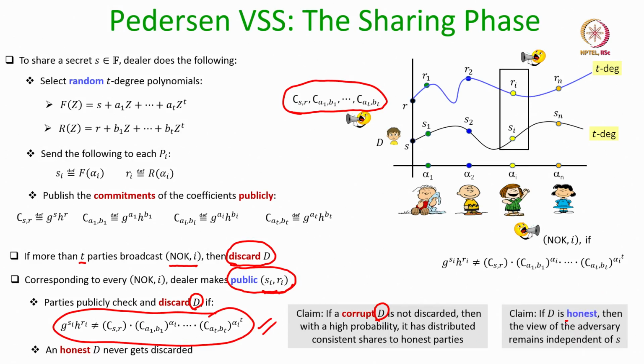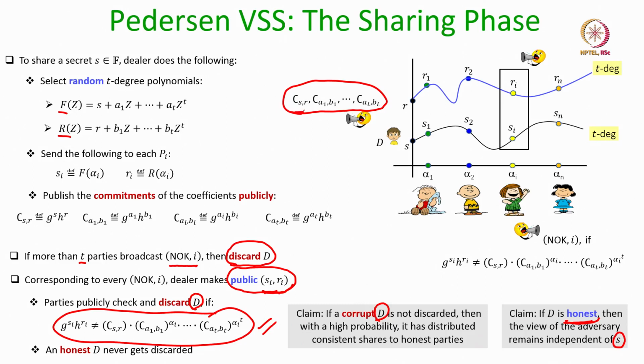It is also easy to see that if the dealer is honest, then throughout the protocol the adversary does not learn anything about the dealer's secret. So, there could be up to t corrupt shareholders. Throughout the protocol they only see the t shares lying on the Shamir sharing polynomial F and on the randomness polynomial R, because whatever shares are made public, for the case of an honest dealer they correspond to only corrupt shareholders, which the adversary anyhow will be knowing beforehand.